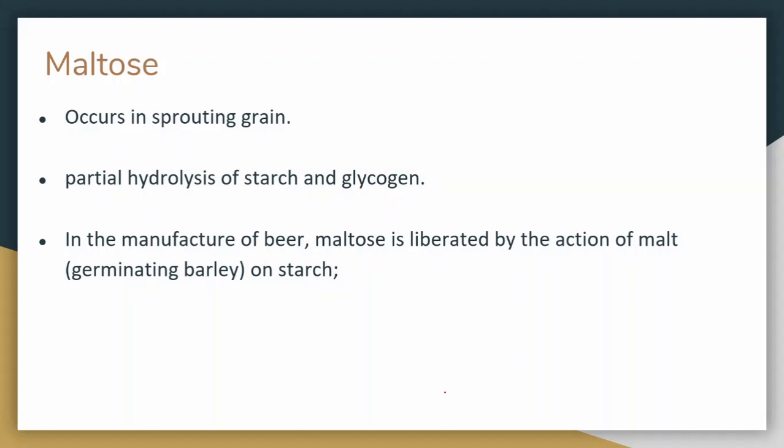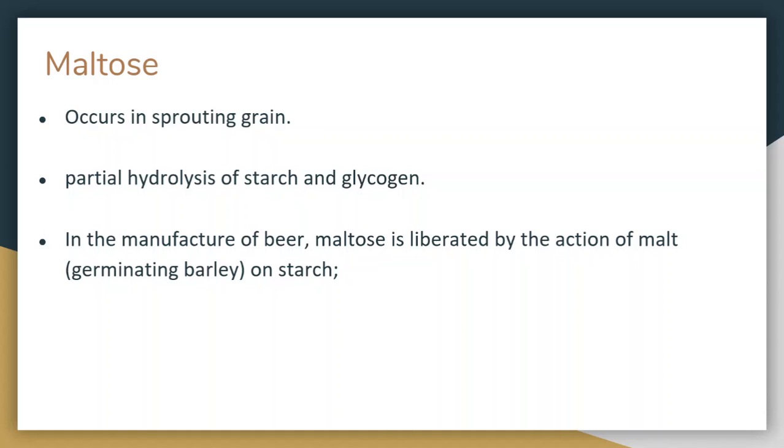Now starting with maltose. So this was actually maltose, where two glucose units were reacting together, right? This maltose occurs in sprouting grains. How is it formed? By the partial hydrolysis of starch and glycogen. In the manufacture of beer, maltose is liberated by the action of malt.